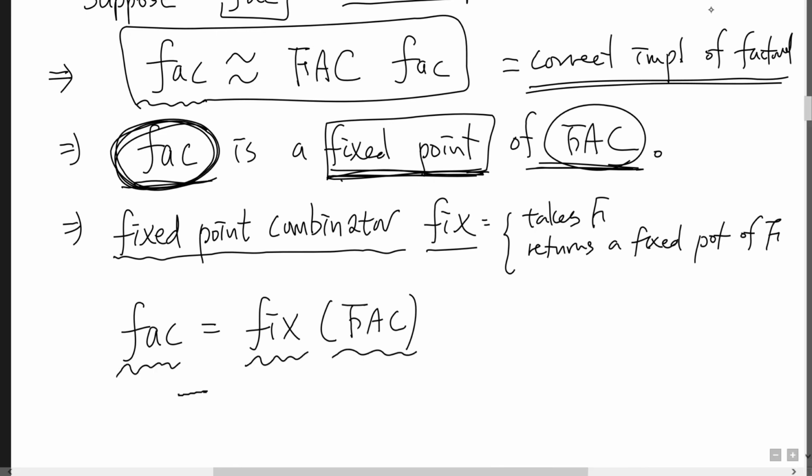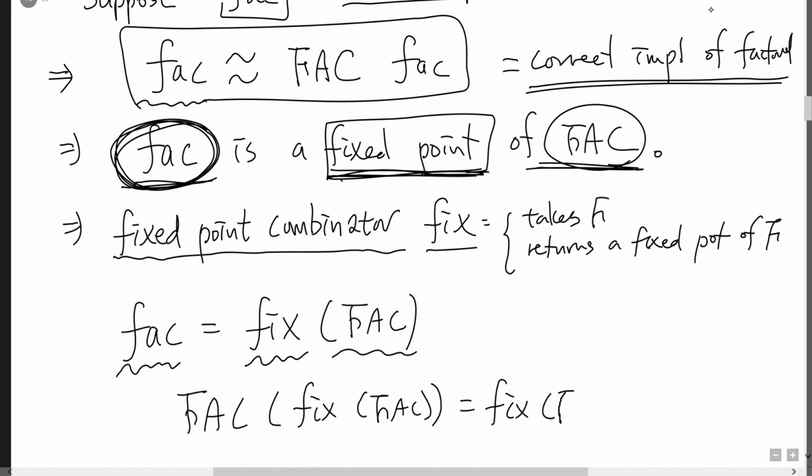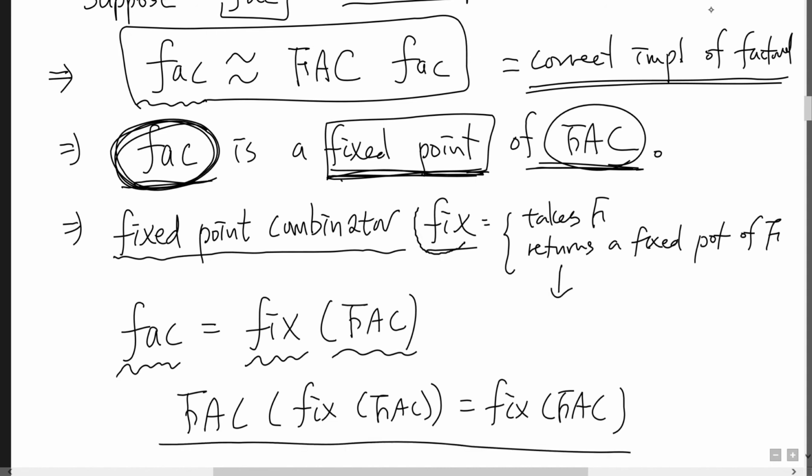Therefore, if you apply fact to this fixed point, you get back the same expression. This is a bit hard to read, but it's pretty easy to see. A fixed point combinator takes a function f and returns its fixed point.